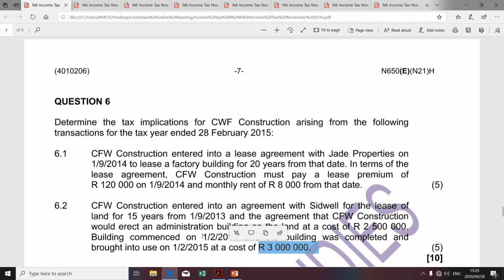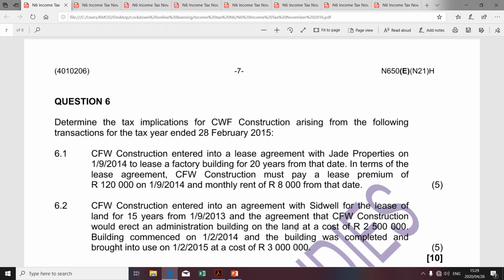Therefore, we need to assess whether, in terms of the South African Income Tax Act, there are any allowances that specifically address this type of expenditure. This capital expenditure is referred to as a lease improvement, as it arises from a lease. It's a lease improvement because CFW is not the owner of the land. However, he has agreed through a lease contract that he will erect a building on land that is owned by Seedwell.